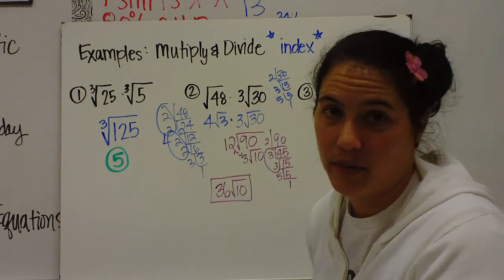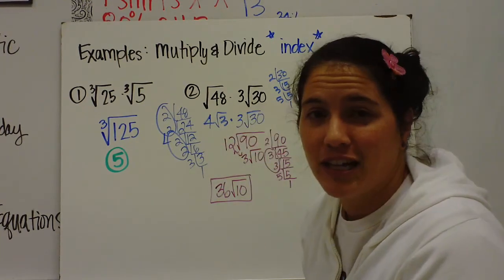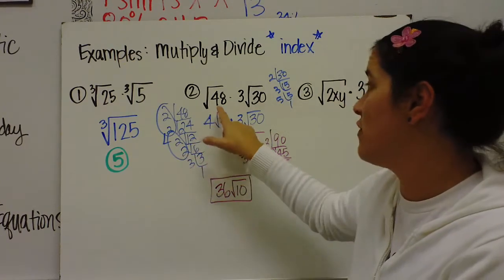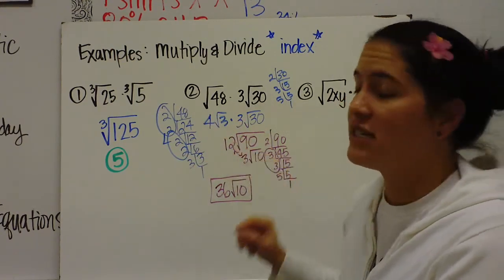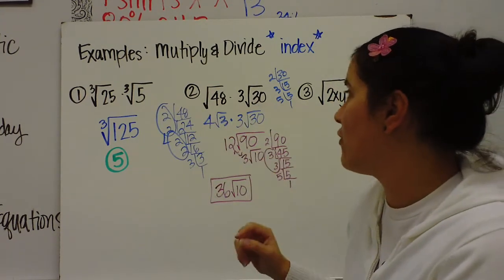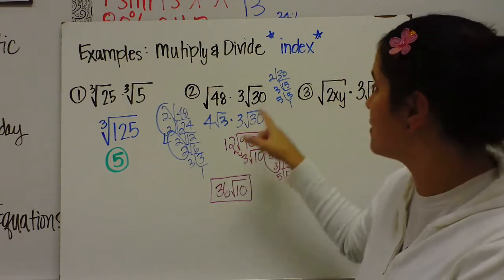Alright, so that was a big problem. Now, if you want to multiply 48 times 30 and then simplify from there, go for it. I think it's easier to simplify 48, then you have 90, which is a little easier, it's manageable, instead of multiplying and then you're going to have something crazy. I don't know, some number in the 900s or 1,000.